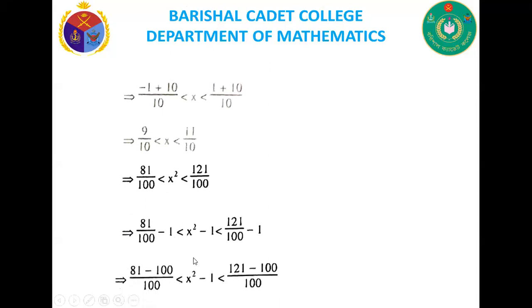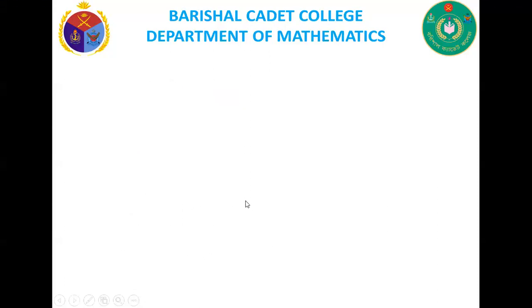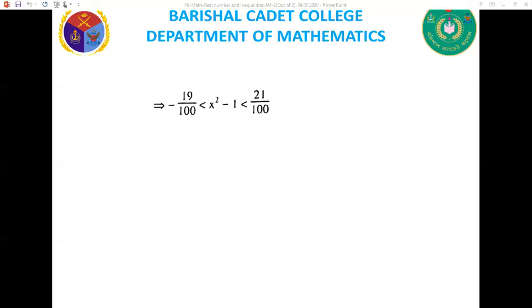Then calculating, taking the LCM, we get 81 minus 100 less than x square minus 1 less than 121 minus 100, divided by 100. Calculating this, we get minus 19 divided by 100 less than x square minus 1 less than 21 divided by 100.